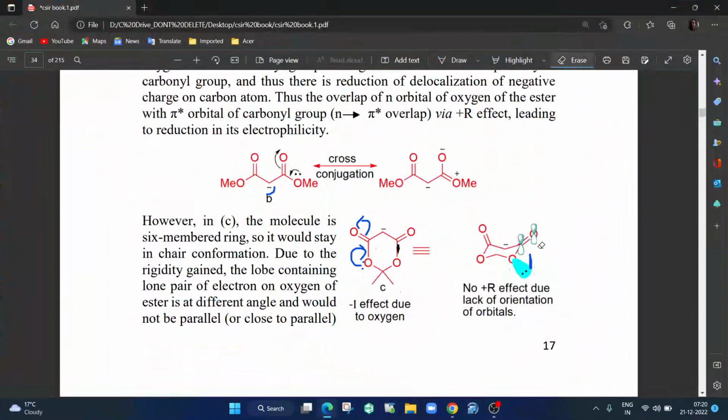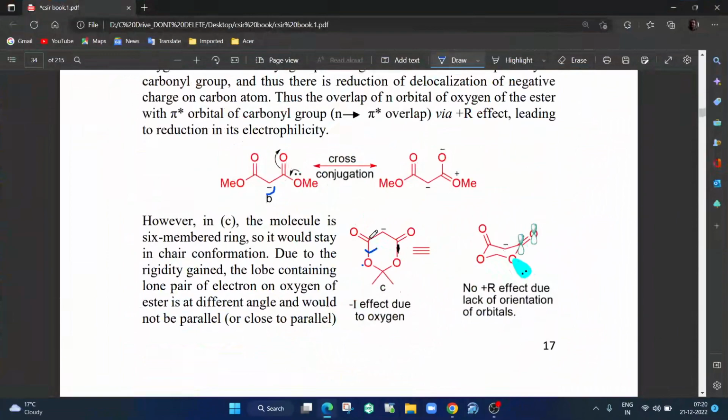So what happens? Resonance effect has gone, but inductive effect is still there. Oxygen, we know it is an electron withdrawing group because of its electronegativity, minus I effect. So it does not show any plus R effect, but it is showing minus I effect.